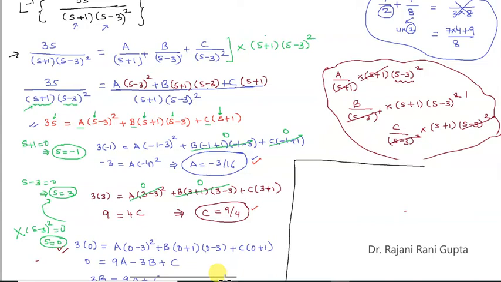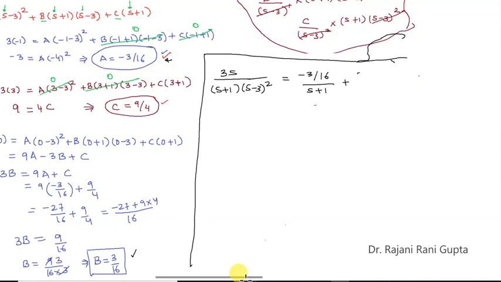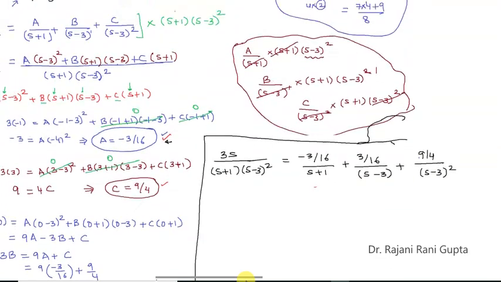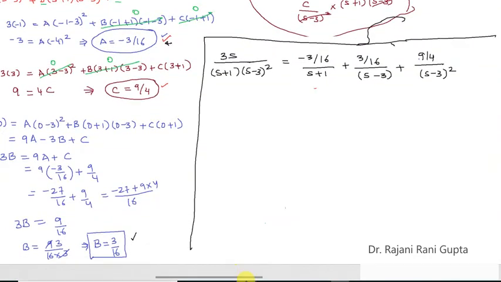So let's write it over here. 3s over (s plus 1)(s minus 3) power 2 is equal to A, which is minus 3 over 16 divided by s plus 1, plus B, which is from here 3 over 16 over s minus 3, and the value of C is 9 over 4 over (s minus 3) power 2. See, below C we have this.